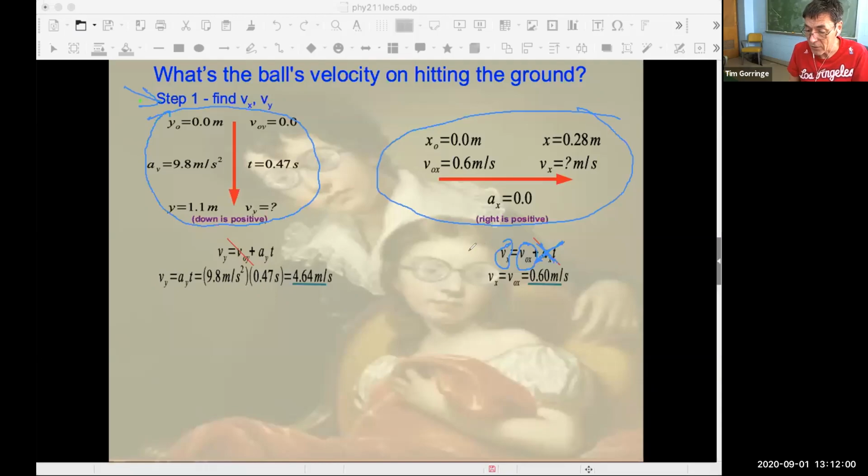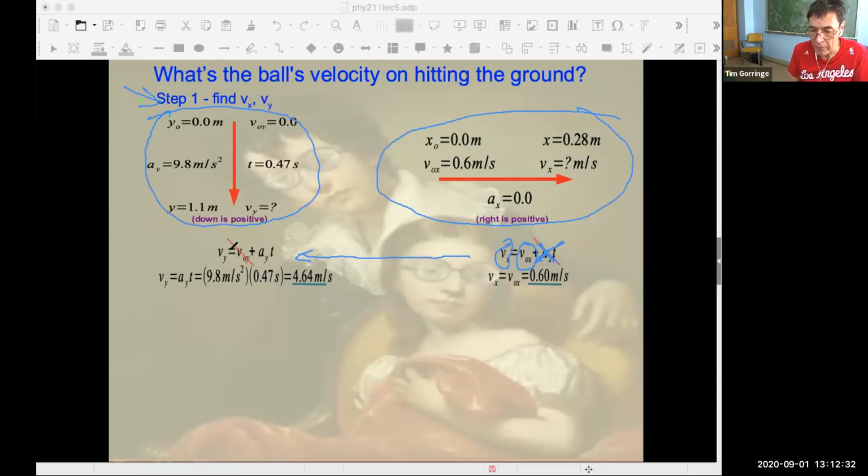And so I just applied the same equation that I used for the horizontal motion to the vertical motion for the final velocity. That Vy, the vertical final velocity, is equal to V naught y, the initial vertical velocity, plus acceleration times time. The difference is that this is now the acceleration in the vertical direction, ay, that's the acceleration of gravity. Over here on the right, this was the acceleration in the horizontal direction, the 0 horizontal acceleration.